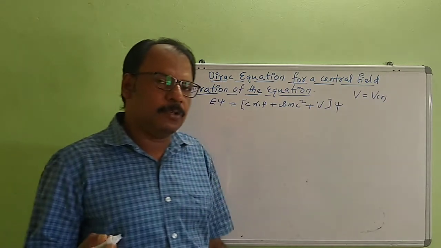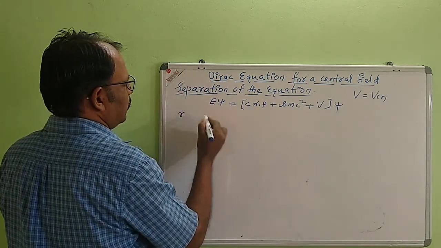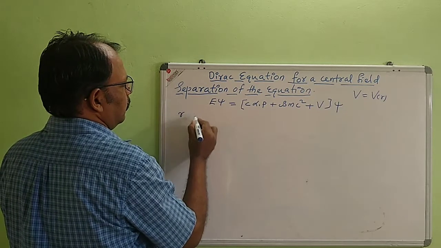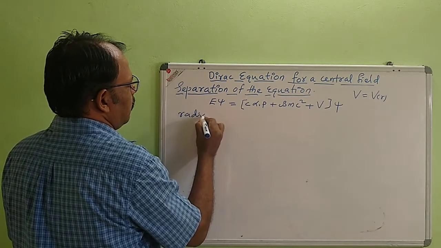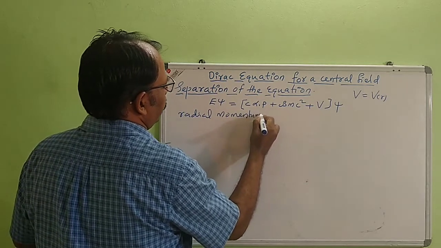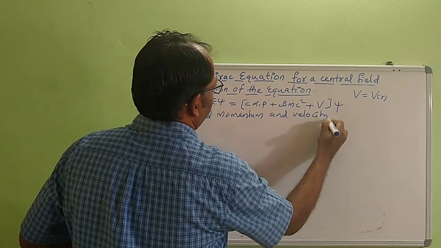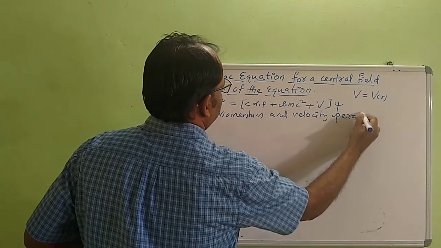For that, we will assume two operators. Let us define radial momentum and velocity operators.